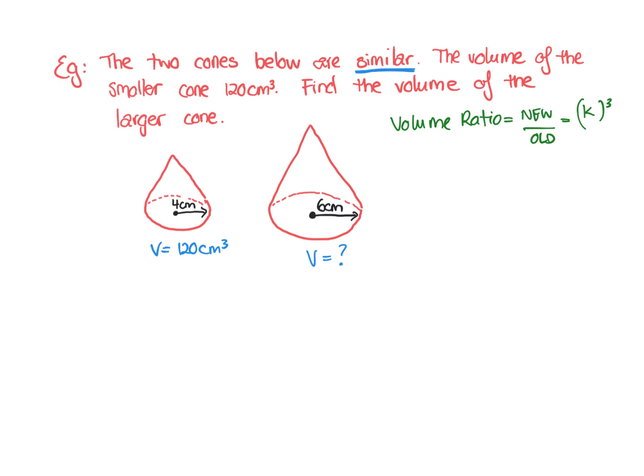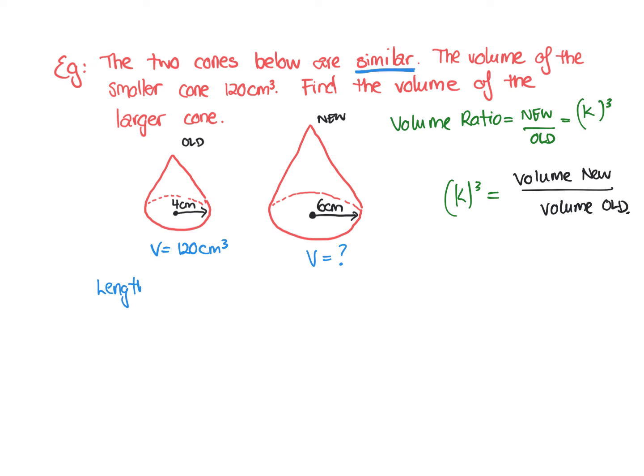If I call it K cubed, that's going to equal the volume of the new over the volume of the old, where I'm calling this one the old and this one the new. Okay, so first we'll get that volume ratio. To get the volume ratio, we need to find the length. So let's find the length.